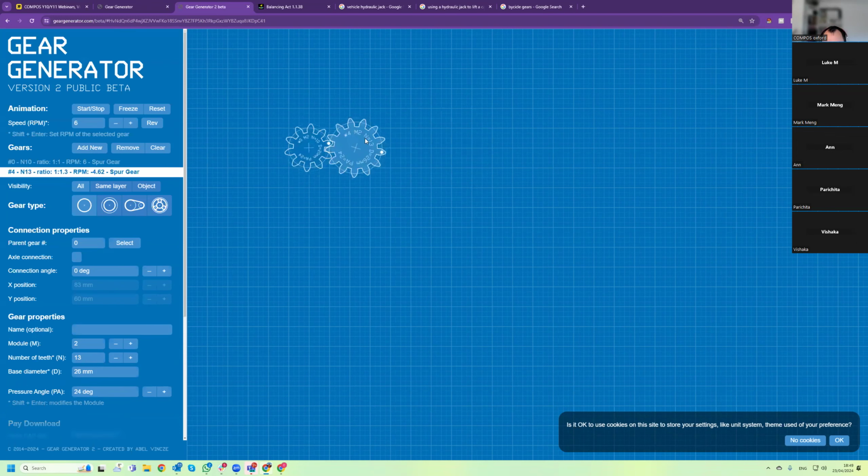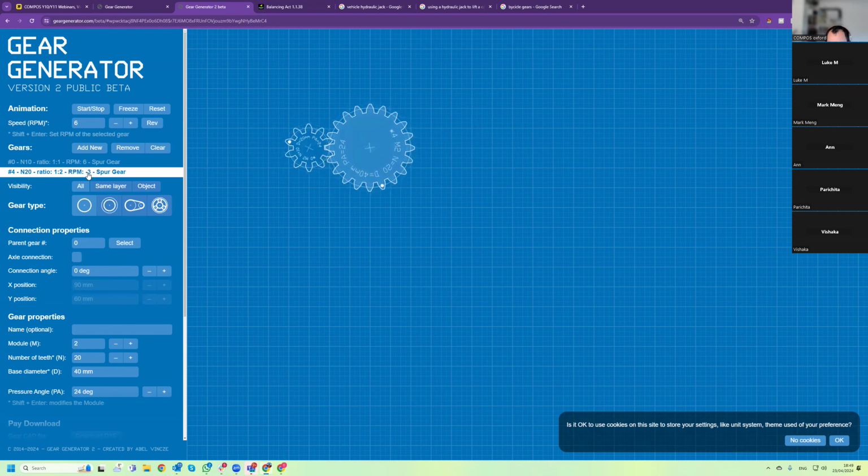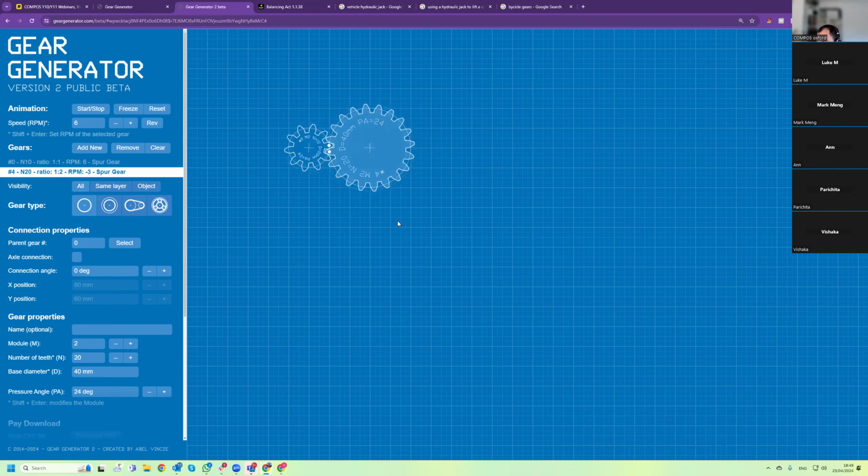Let's add another one, and say it has 20. And you can see that this small gear runs at 6 RPM, rotations per minute, and the big gear rotates at 3 rotations per minute. Because we are interested in how many rotations per minute, the ratio of the speed of rotation is the angular speed.